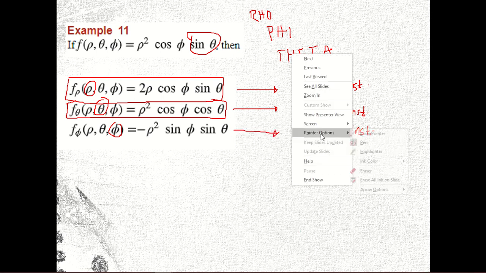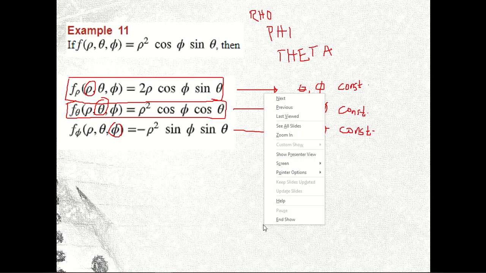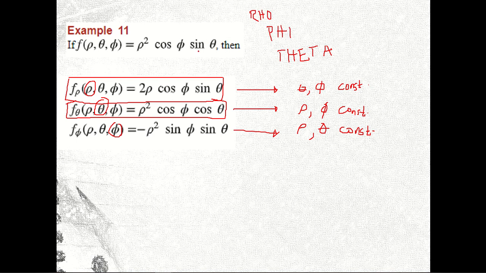Always look at the given function. Okay, so look here. Rho is constant, theta is constant. So we'll just take the derivative of cosine, which is negative sine. We'll just put the negative here to rearrange. So derivative of cosine is negative sine. So we have negative sine phi sine theta. All right, so this is the result.